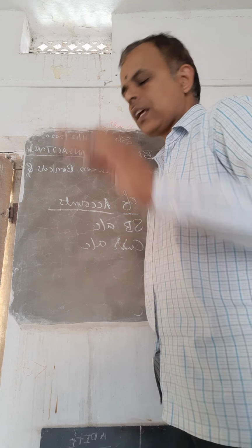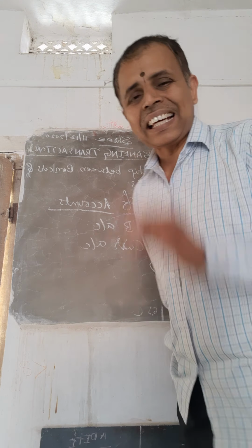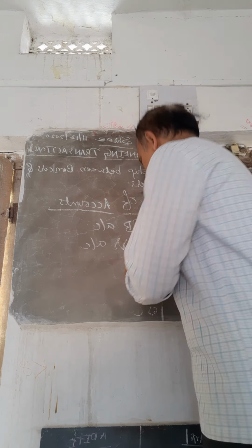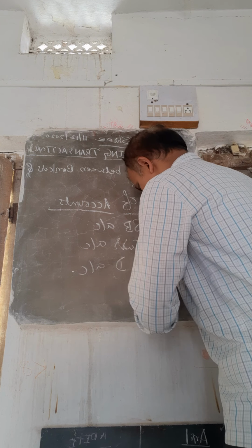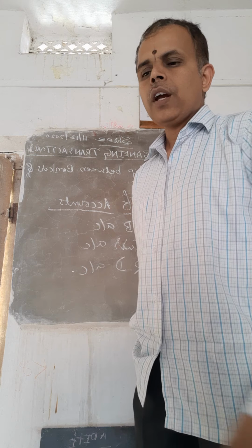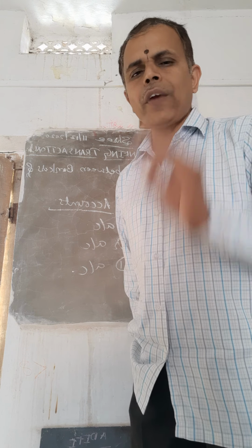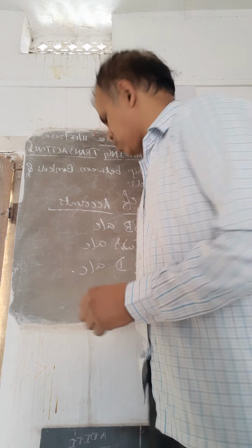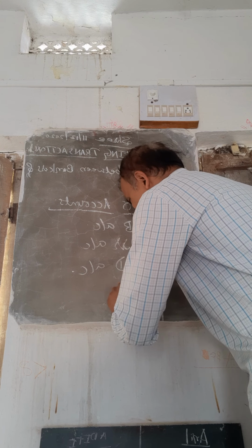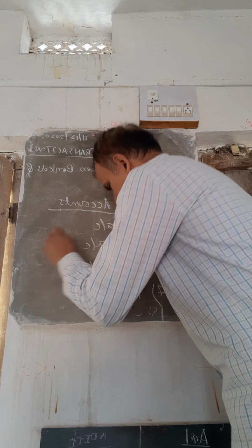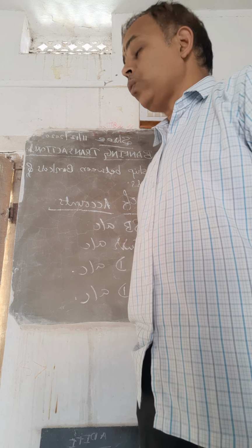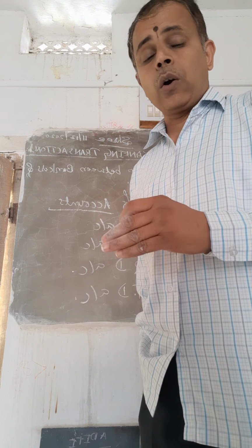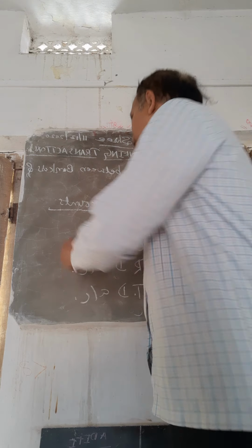Third one is the RD account, or recurring deposit account. Fourth one, term or fixed deposit account, or TD account. Term deposit accounts.